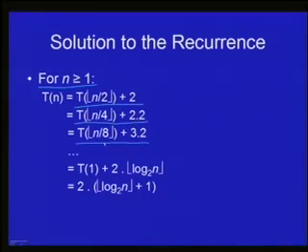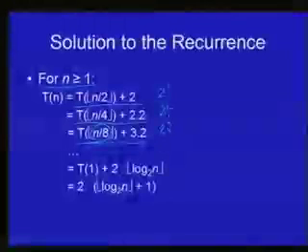So now in every step we are dividing n further by 2, and finally this value n by 2, 4, 8, 16, 32, etc., will become 1. And in how many steps will it become 1? See, we are dividing by 2 to the power 1, 2 to the power 2, 2 to the power 3, and so on.